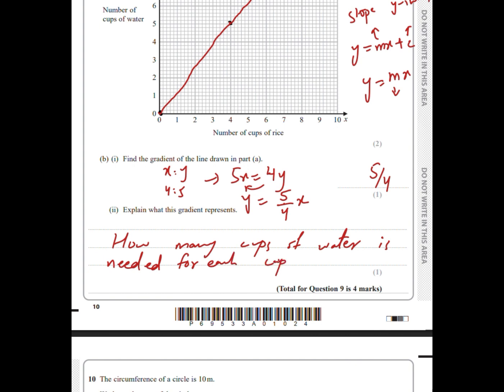For each cup of rice, or per cup of rice. Instead of how, you can choose the number. How many? You can go for the number of cups. That looks better. It tells you about the number of cups. Hope it's clear. You got your 4 marks for this question now.